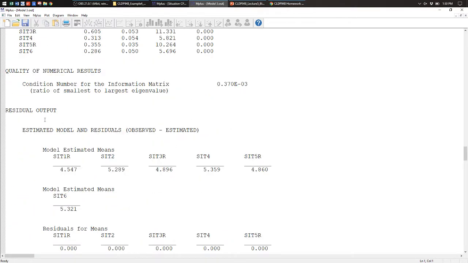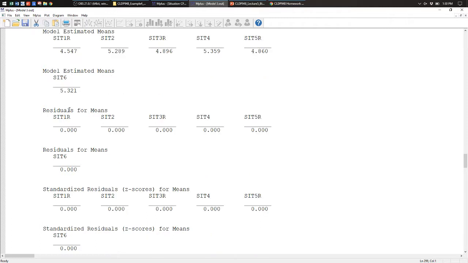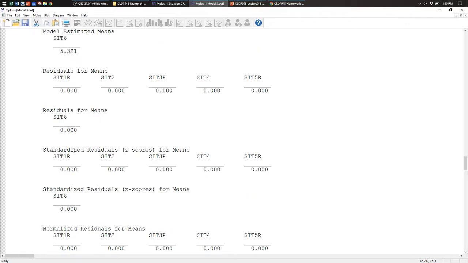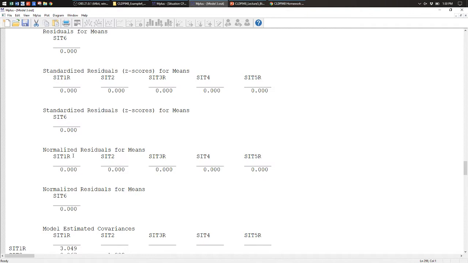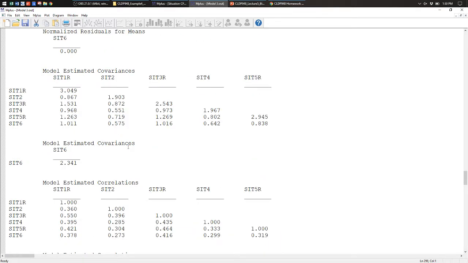Then we get to residuals, where you get lots and lots of tables that look the same, except you have to figure out within each section what it is. So the first section here is model estimated means and residuals for the means, standardized residuals for those means, and normalized residuals for those means. We then get into the same thing with the covariance matrix, model estimated covariances.